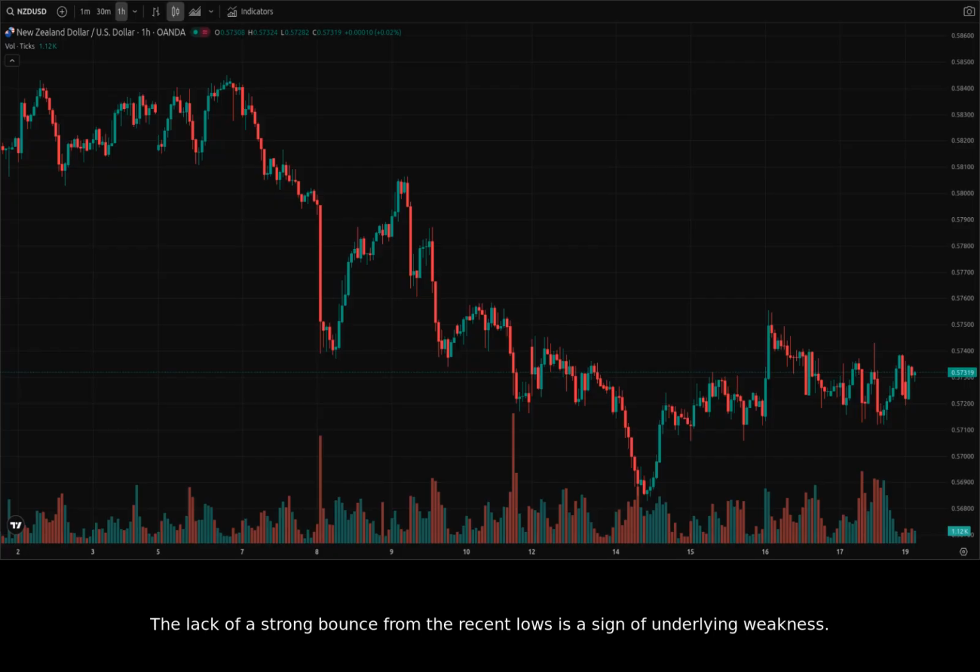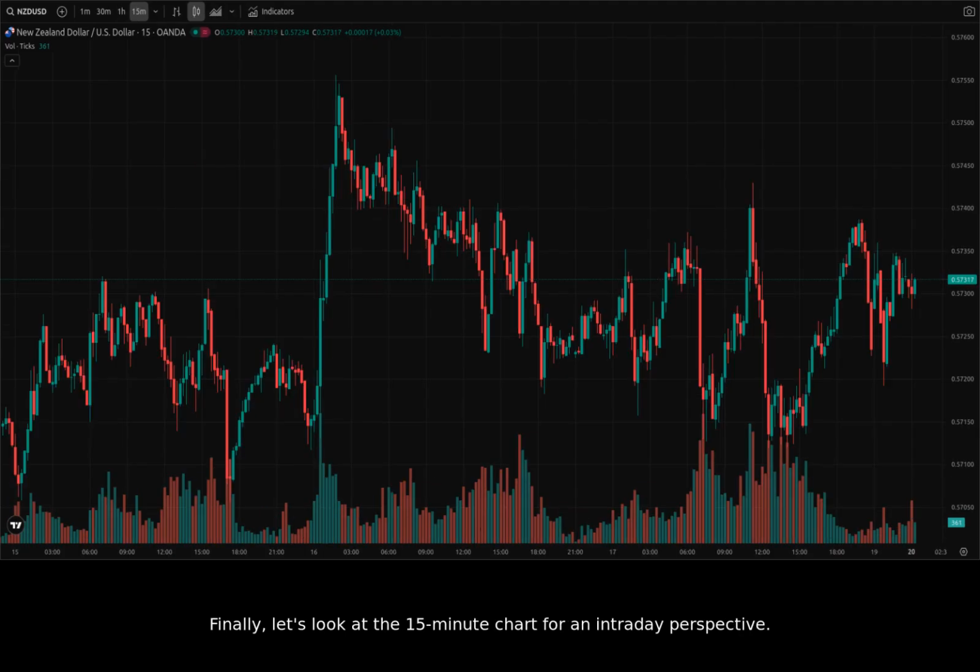The lack of a strong bounce from the recent lows is a sign of underlying weakness. Bulls have repeatedly failed to push and hold the price above the 0.5740 to 0.5750 area. For short-term traders, this range defines the current battlefield. A breakout in either direction from this consolidation will provide the next clue for short-term direction.